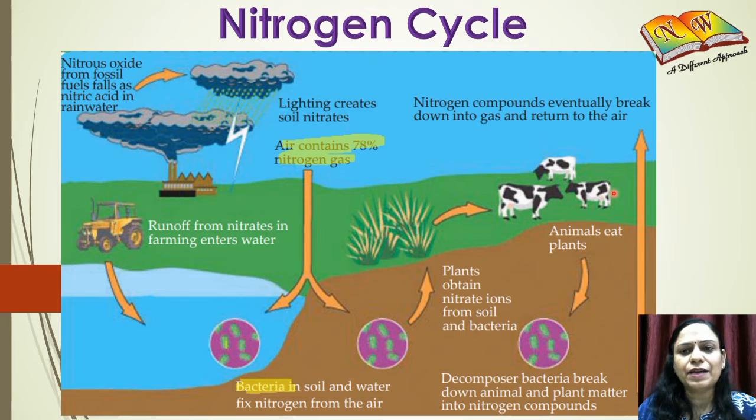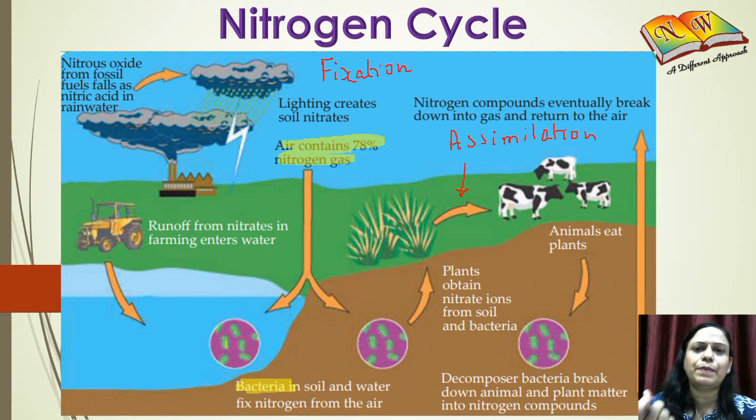And this entire process is known as nitrogen assimilation. So the first process was nitrogen fixation, and the second process is nitrogen assimilation. So this is nitrogen assimilation, how the nitrogen is imbibed into the body mass of plants and animals.